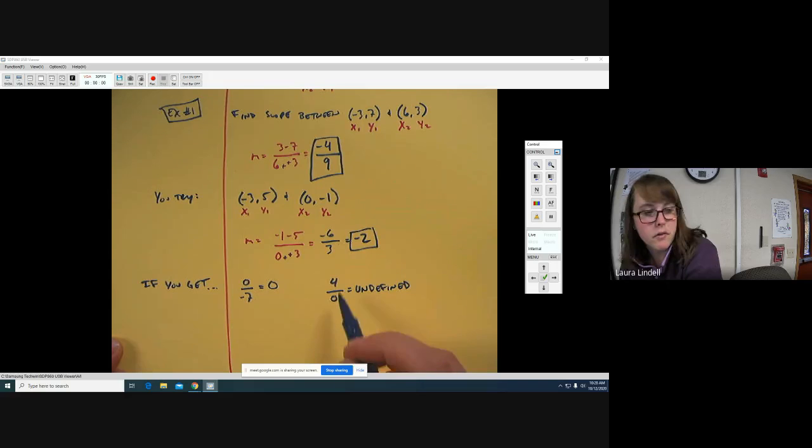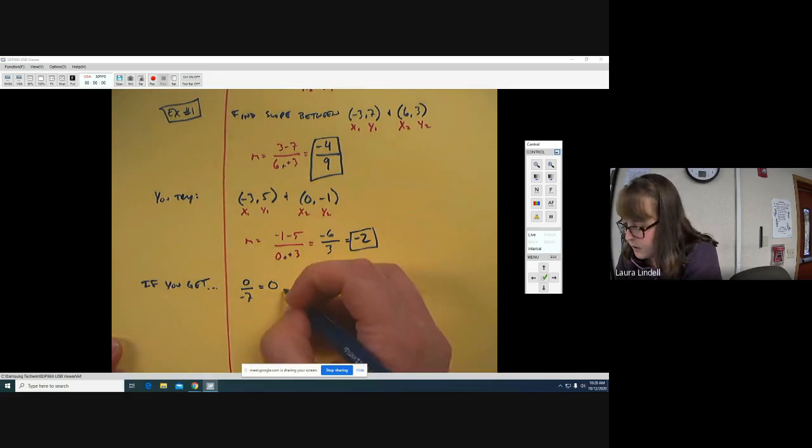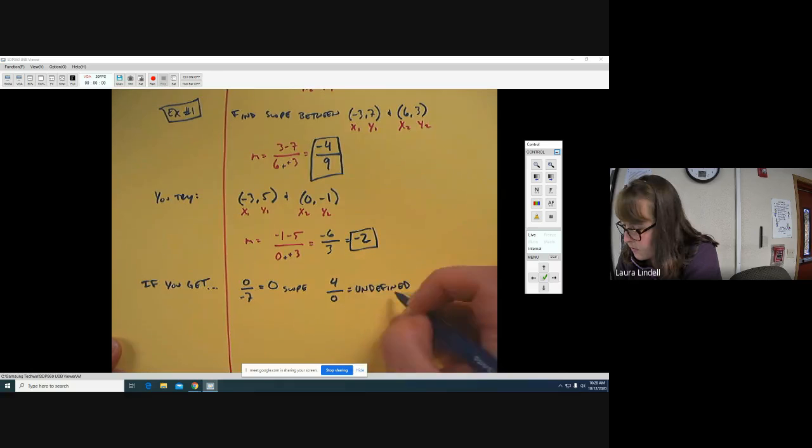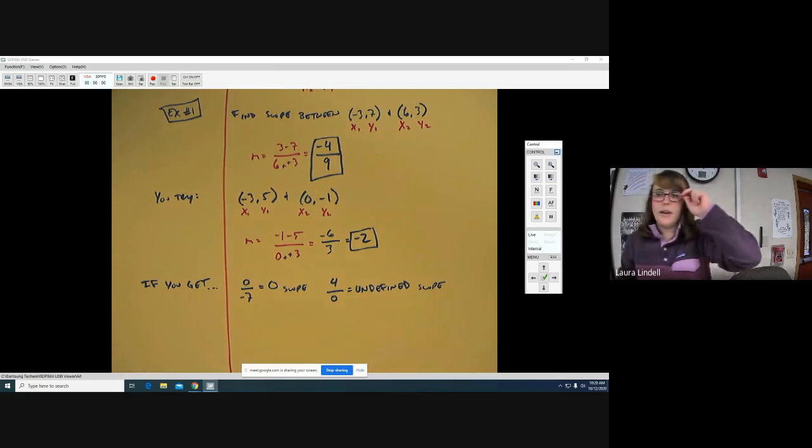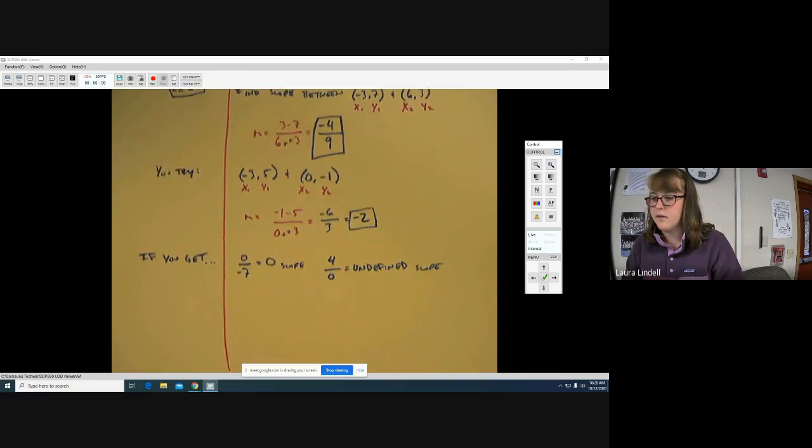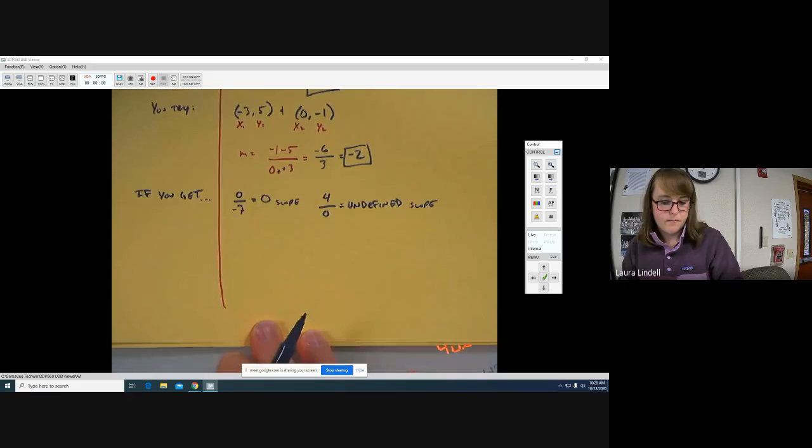So if you get something over 0, that's an undefined slope. Just something to be aware of when we find slopes. Anything divided by 0 is undefined because you can't divide by 0. Anything that is 0 divided by something is just equal to 0.